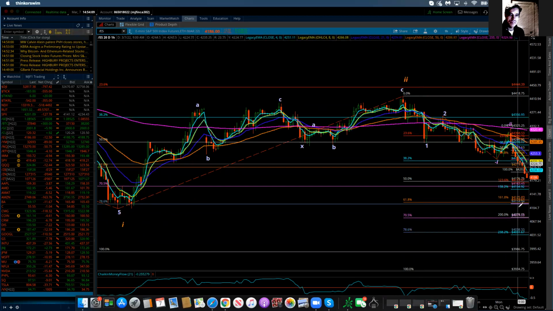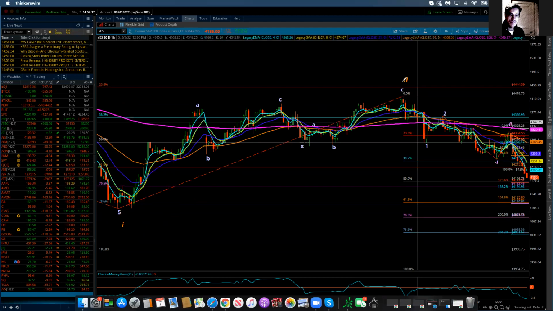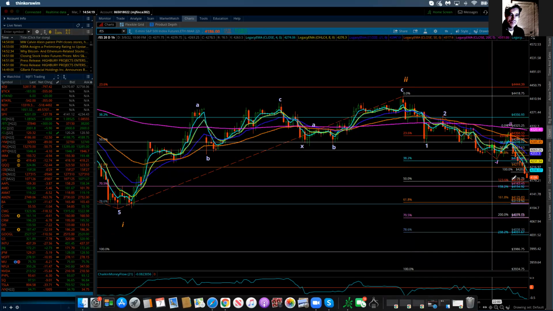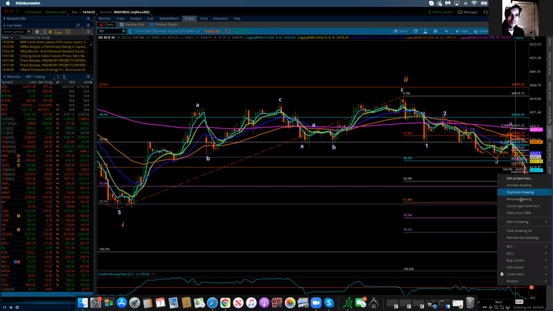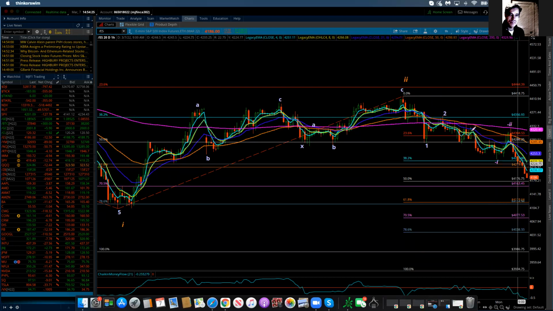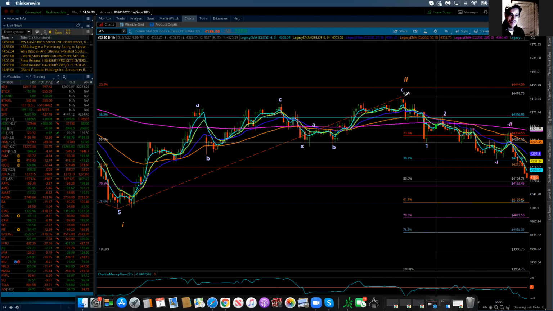I believe we're going to start looking at these lower levels. It's starting to drop below 4,100. And once we start getting down here, we're now still measuring this minute third. And so what I'm going to do is remove that particular one, and now I'm going to draw what we could be looking at.